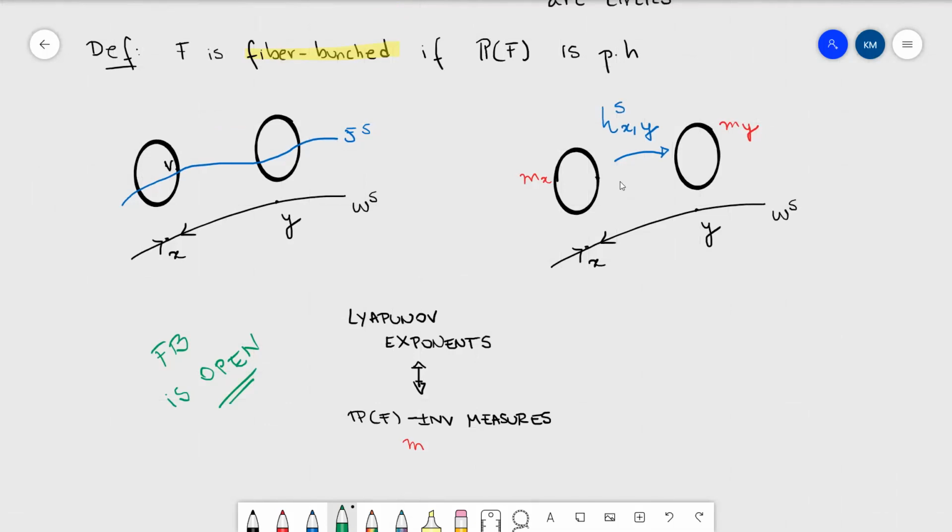And moreover, this is true when you consider the center derivative cocycle. So even in the case that we're changing the base, we are changing here the stable manifold, we're changing the fibers, but everything remains close. So this is a very strong property that you can use in order to conclude continuity of the Lyapunov exponent.